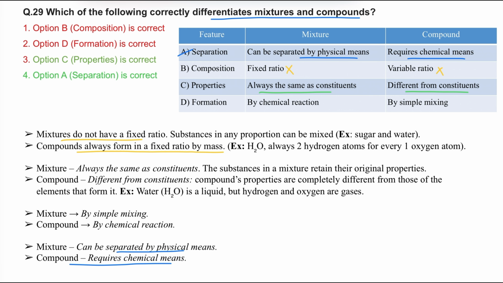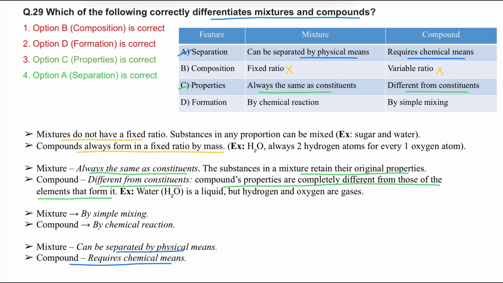In a mixture, the substances retain their original properties, whereas for a compound, they are different from constituents. Compound properties are completely different from those of the elements that form it. Example, water is a liquid, but hydrogen and oxygen are gases. So feature C is also correct.